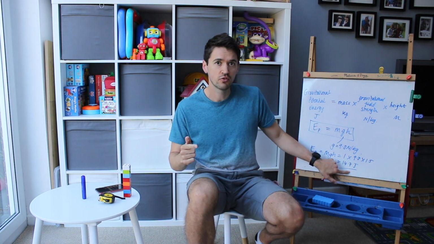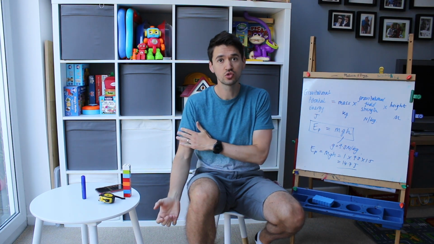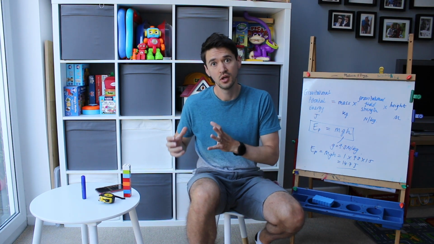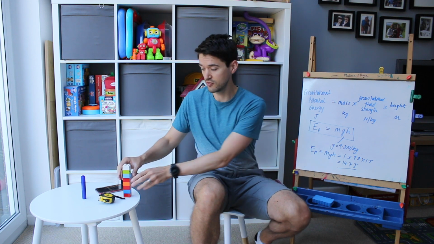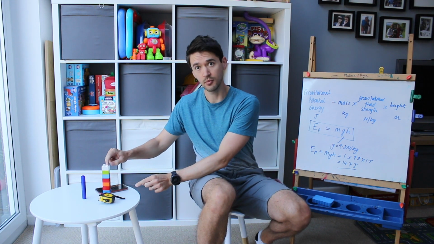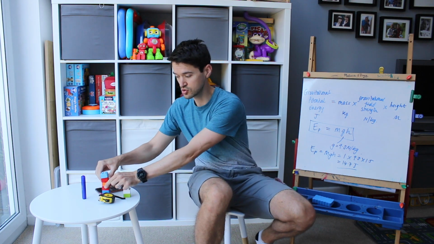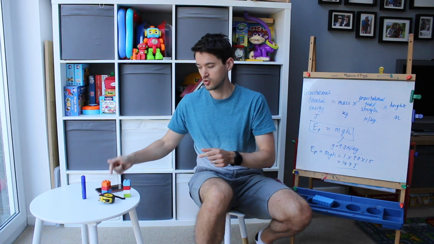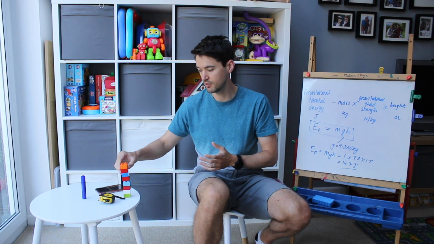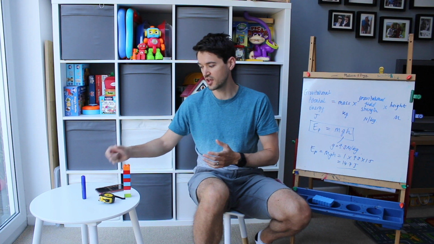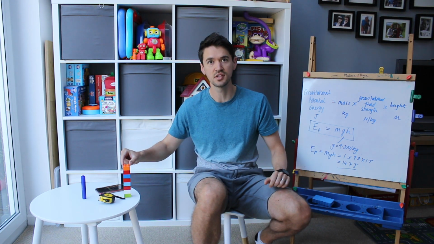Energy's got to be transferred from somewhere. So where it's actually come from is the chemical store within my muscles. So as you pick up that object, the energy is moving from the chemical store of the muscles into the gravitational potential store. So we've still got the total amount of energy within the system being the same. Eventually, you've lost that energy from your chemical store and it's gone into the gravitational potential store.